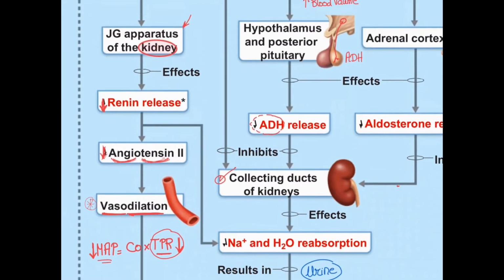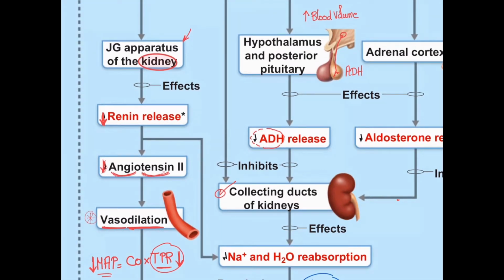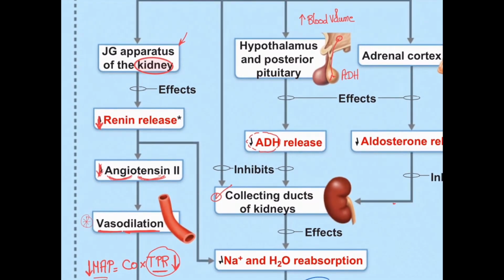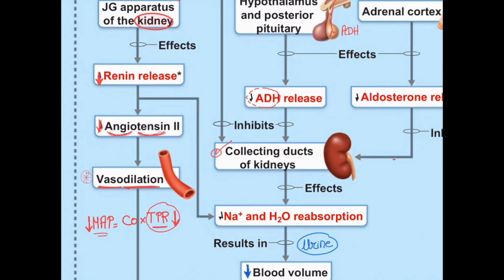So again, let me review this. Another target organ for atrial natriuretic peptide would be the hypothalamus. Normally, hypothalamus releases ADH. ADH release will be responsible to increase the blood volume by preventing the loss of fluid in the urine. If I did decrease the ADH release, this will directly affect the collecting ducts and will prevent them from allowing the water to be reabsorbed back into my blood vessels.